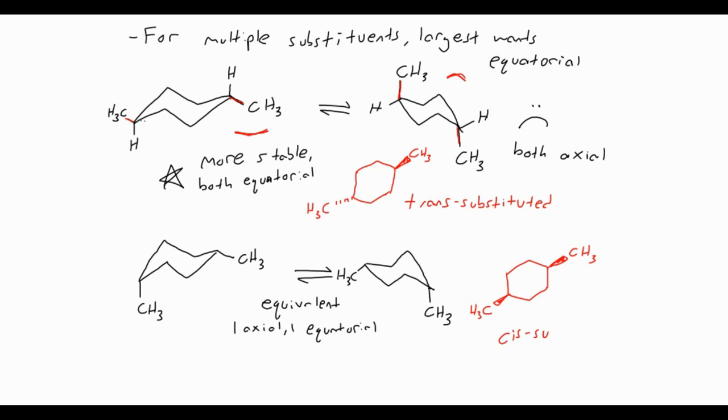Remember, cis is the same side. So finally, for one last example, we've been working with the same substituents now, two methyl groups. What if we have two different substituents?